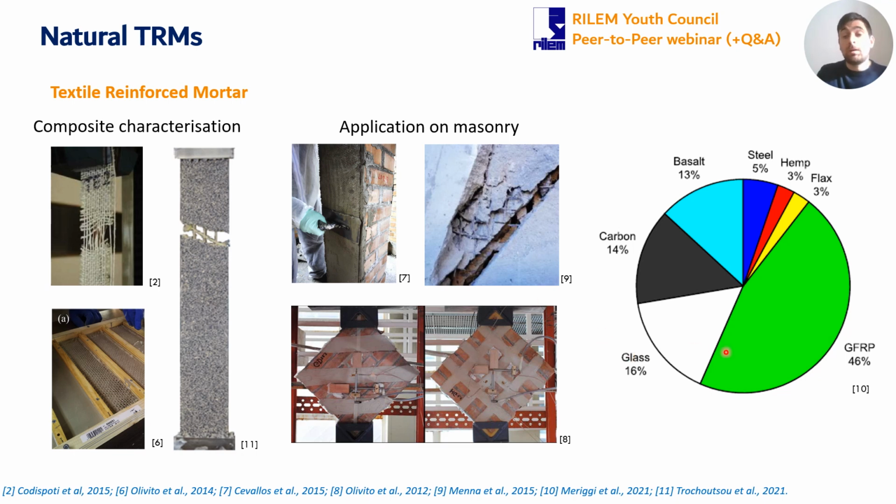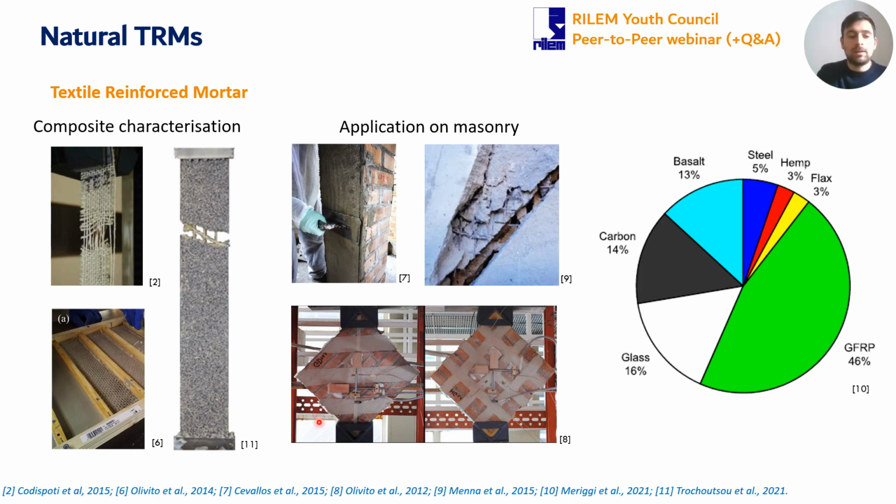Most used fibers are GFRP, glass, carbon, basalt, steel. What we can see from this chart is that 6% of fibers adopted in the literature are natural fibers, but this value is increasing. These applications are increasing more and more.